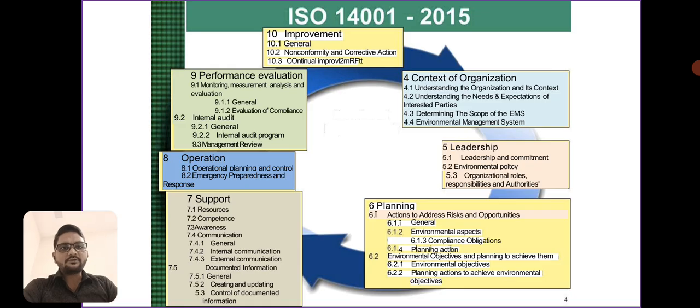Now 8 is operation, that is 8.1 operational planning and control, and 8.2 emergency preparedness and response. 9 is performance evaluation, that is 9.1 monitoring, measurement, analysis and evaluation, 9.1.1 general requirement, 9.1.2 evaluation of compliance, and 9.2 internal audit, 9.2.1 internal audit general requirement, 9.2.2 internal audit program, and 9.3 management review.